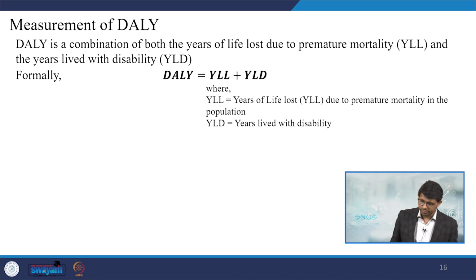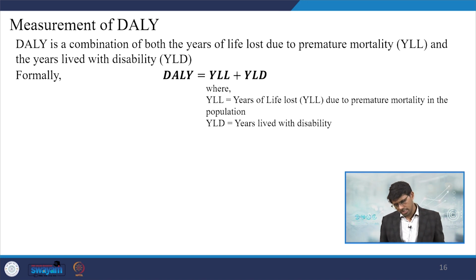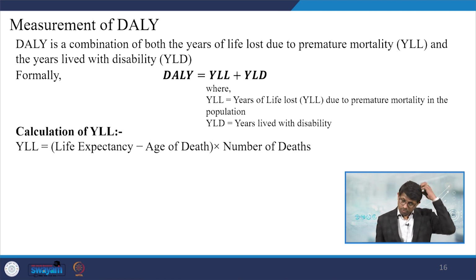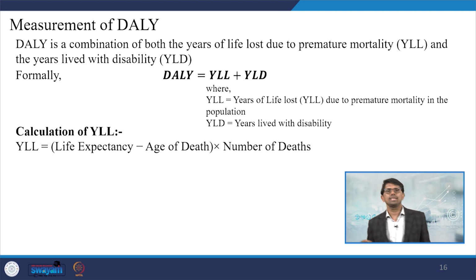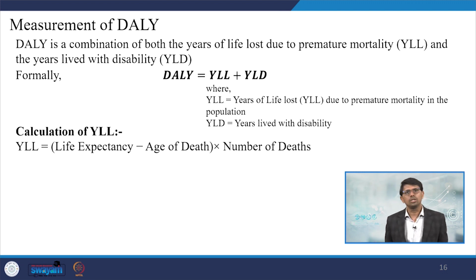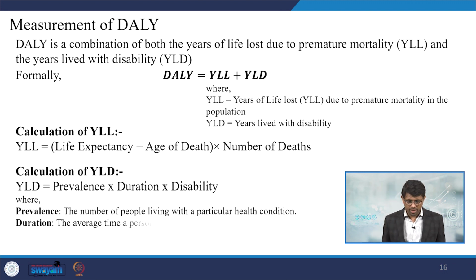When these two are added, we get the DALY value. YLL is years of life lost due to premature mortality in a population, and YLD is years lived with disability. So, what is YLL? YLL is basically the life expectancy minus age of death, times the number of deaths in a time frame.